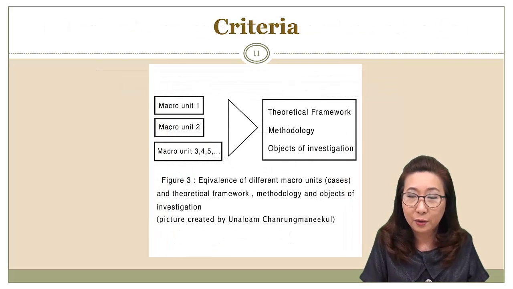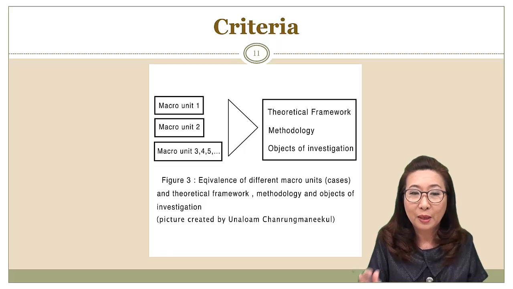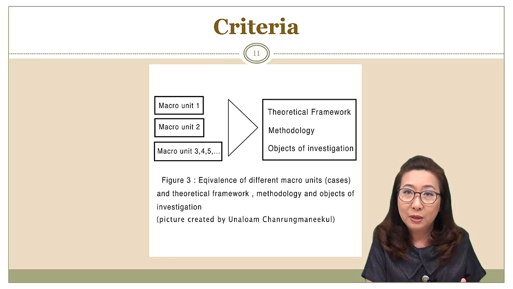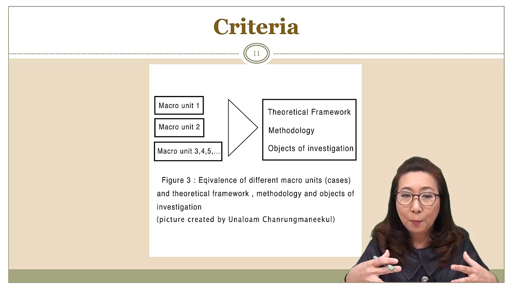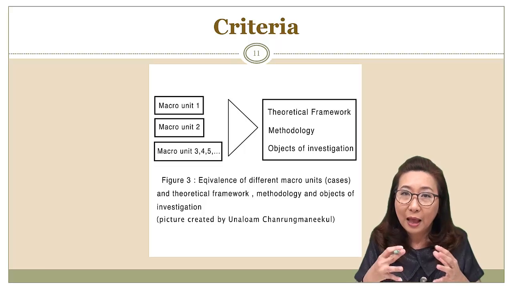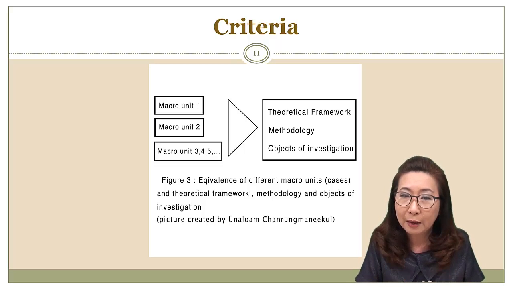And then the third criterion, the macro units. How many macro units? For example, you have unit 1, unit 2, 3, 4, 5, or even 10 units. You need to put all the units under the same theoretical framework, under the same methodology, and also under the same objects of investigation.